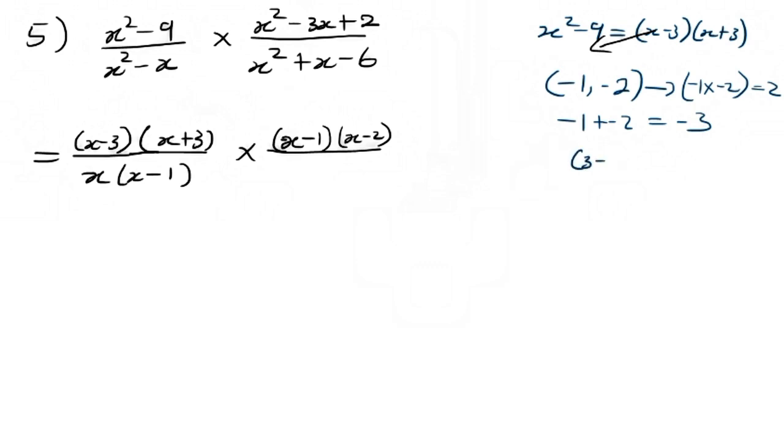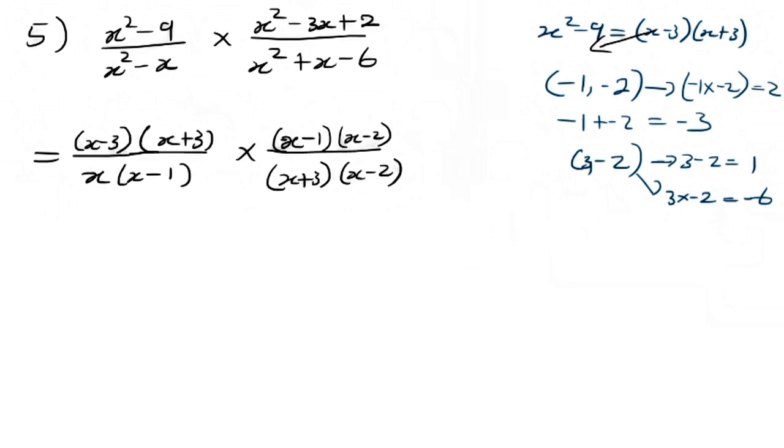If I have 3 and negative 2, this means that 3 minus 2 will give me positive 1, and 3 times minus 2 will give me negative 6. So we are going to substitute x plus 3 and x minus 2 in the place of x squared plus x minus 6.